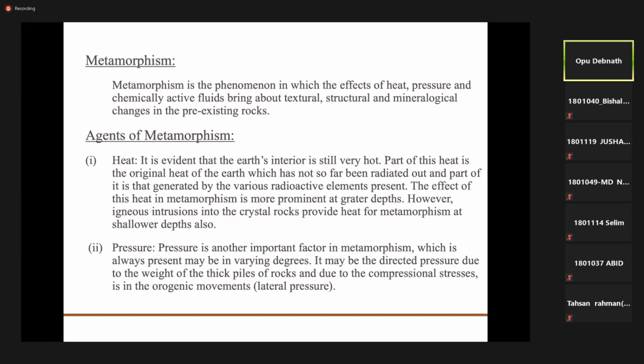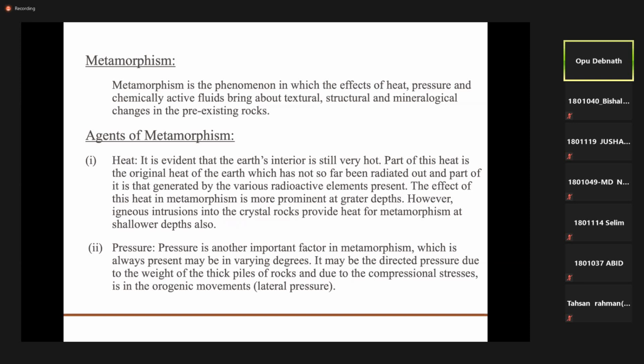The question may arise: these molten bodies penetrate and form the igneous rock. Parallelly, heat is also released from these magmatic materials.